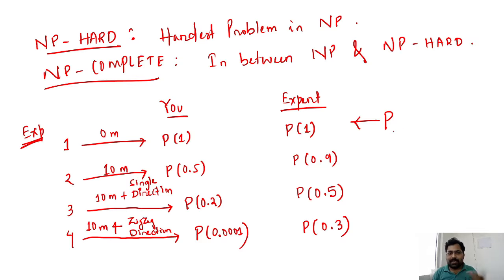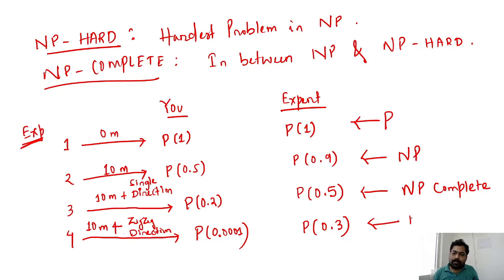So easy means P class. Sometimes it is reduced, so it is non-deterministic polynomial. Sometimes we can solve it, sometimes we cannot. So in this case we can say it is NP complete, and sometimes NP hard.